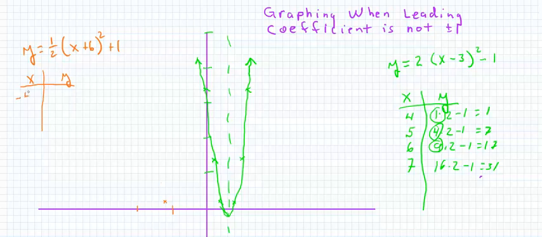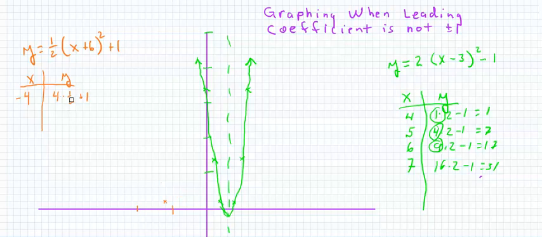Negative 4 plus 6 is 2, squared is 4, times 1/2 is 2, plus 1 puts me up at 3. So when I go over 2 and square it, I get 4. That's not right. Hold on a sec.